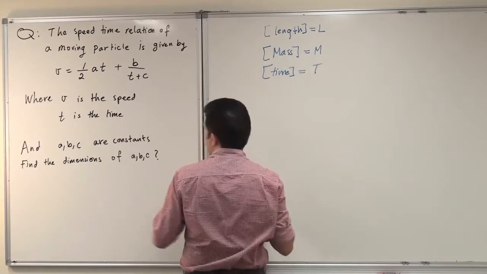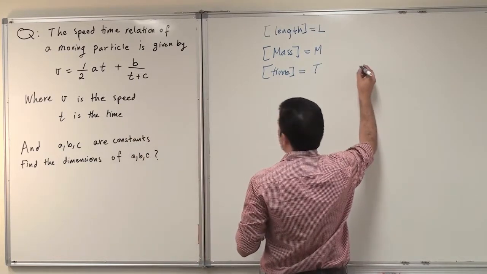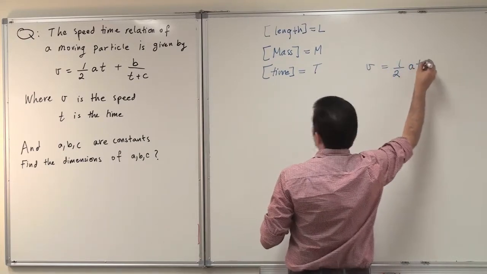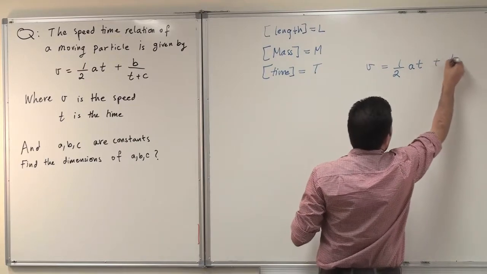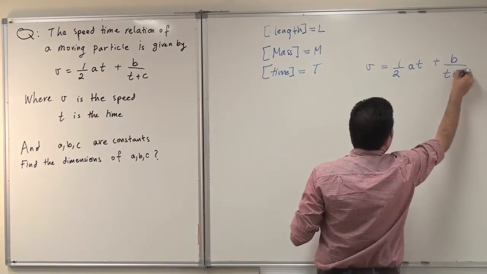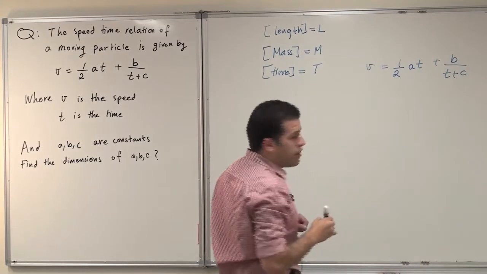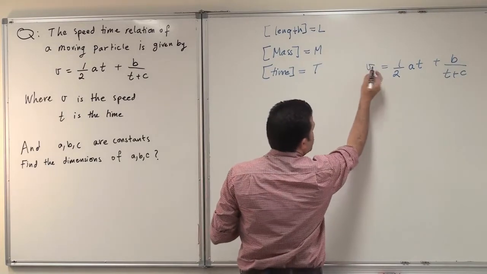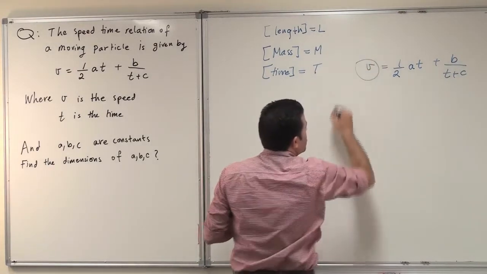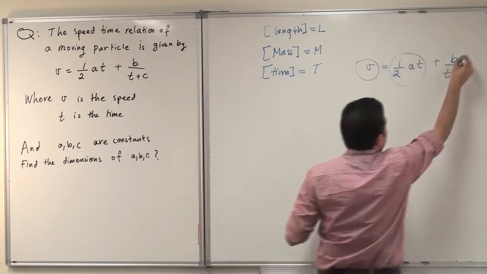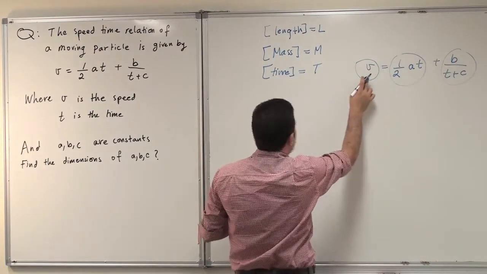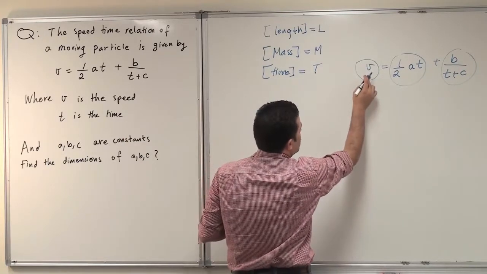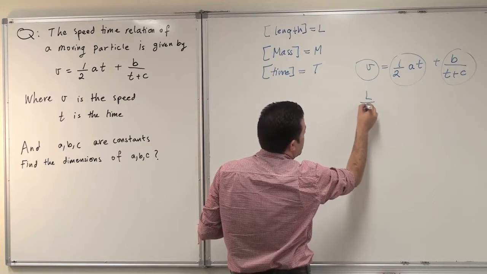Then if we go back to our equation, v equals half a t plus b divided by t plus c, from the equation we should know that the dimensions of each term, this term and this term, because it's a speed, given this information in the question, should be length divided by time.